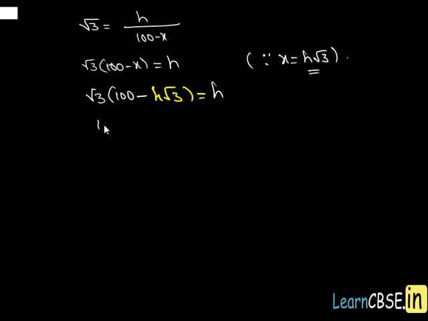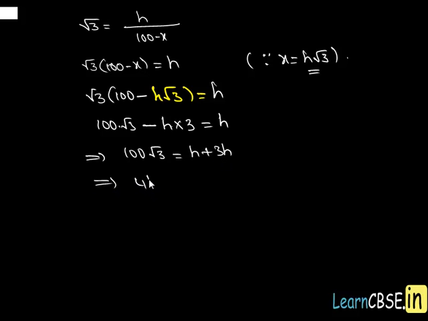We have root 3 times 100 is 100 times root 3, and h times root 3 times root 3 is h times 3, and on the right hand side we have h. Let us move 3h to the RHS. We have 100 times root 3 equal to h plus 3h. On rearranging we get 4h is equal to 100 times root 3.